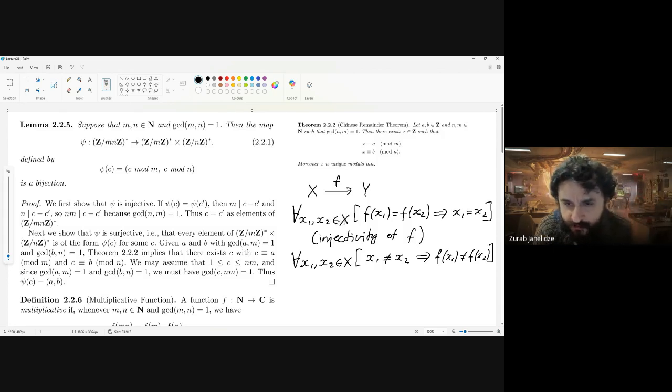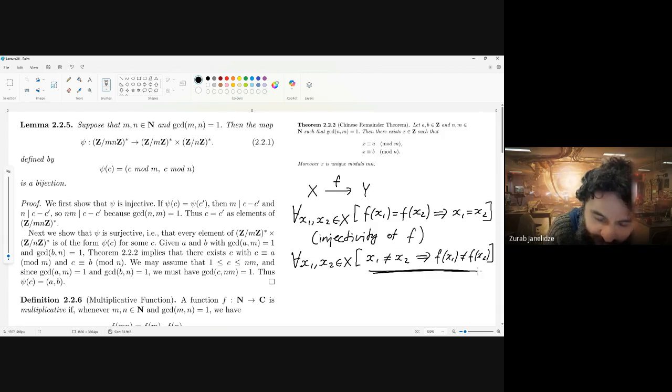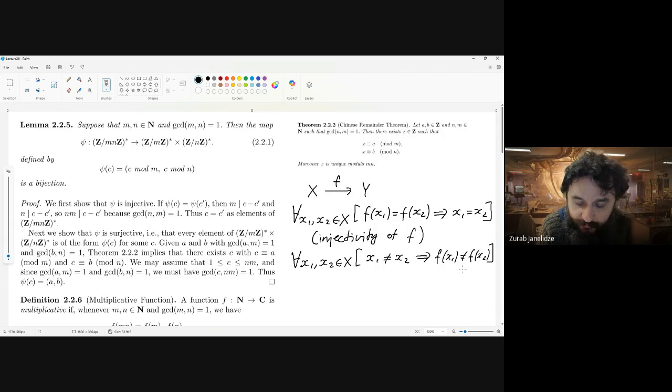Why are these two properties the same? Well, in both cases, they say that distinct elements of X map to distinct elements in Y. The first one says that should two elements of X happen to map to the same object in Y, then they must be the same. It's indeed a way to ensure that two distinct ones will not map to the same, right? Which is exactly what the second one says, that if two elements are distinct, then their values will also be distinct when we apply the function.